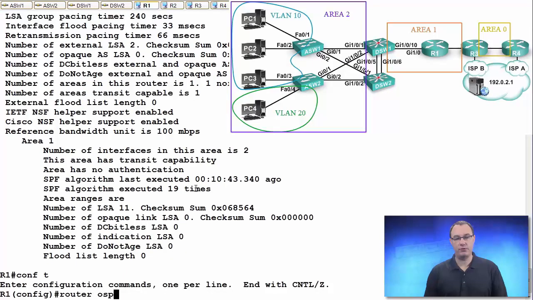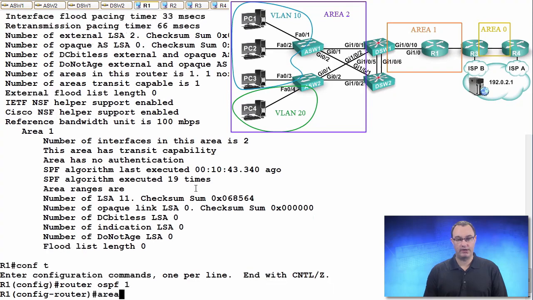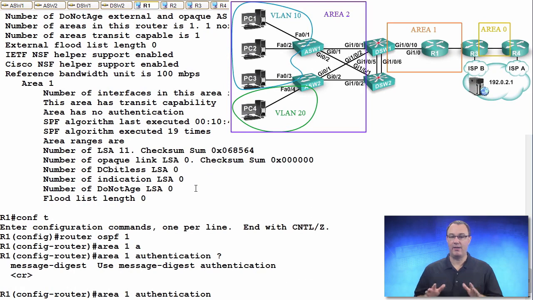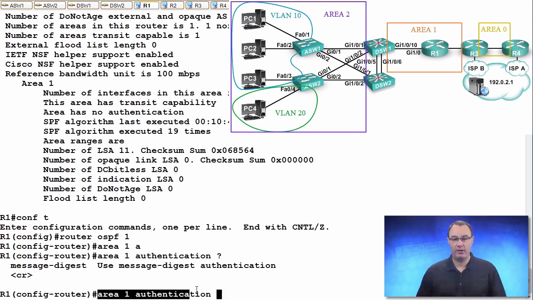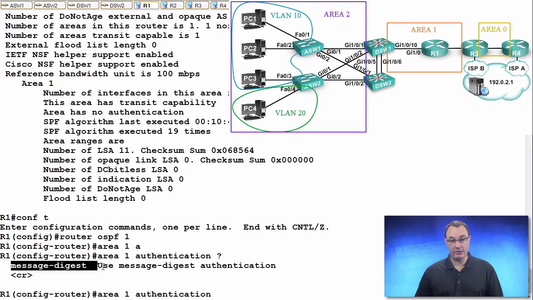So if I go into router configuration mode, I could say area 1, and then this command. Here's how to read it. This command says, for any interfaces that happen to be in area 1, I want you to use message digest authentication if I tack that on.